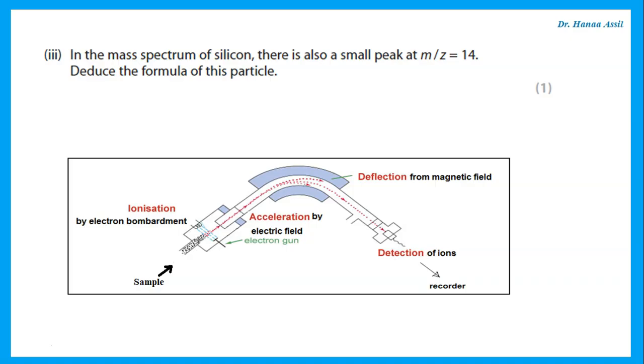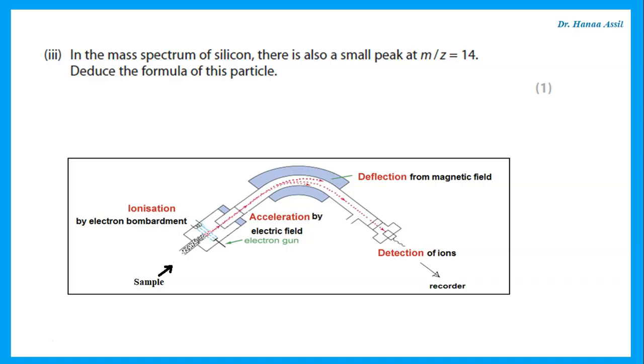This causes electrons to be expelled from the atoms to change it into positive ions. And then these positive ions pass through an electric field, so they are accelerated. Then they pass through magnetic field, they are deflected to different extents.